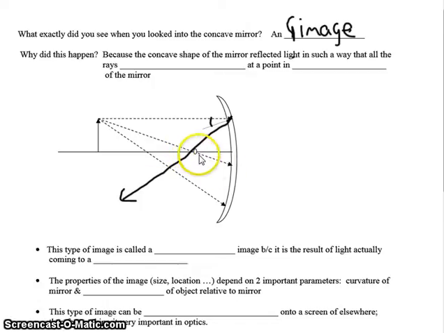And if I look at this incoming ray and I draw a normal that's a little less obvious, then it's going to come out more or less like this. And if I draw a normal for this one, which is almost directly on, it's going to reflect back like that.